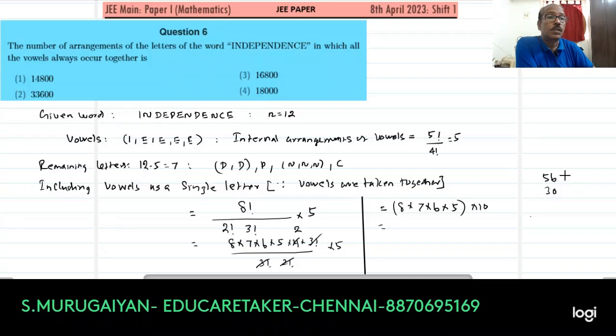We multiply these two. Cross multiplication: 3 into 6, 18. 5 into 3, 15 plus 1, 16. So 1680 into 10. The total number of arrangements is 16800. We look at the options: 16800, and the third option is the correct answer.